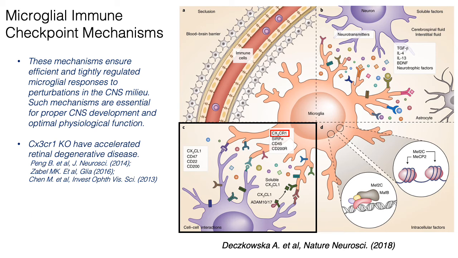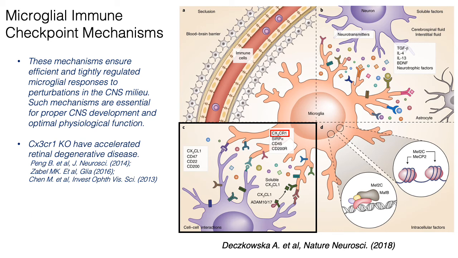Now, one such mechanism that we highlight here is CX3CR1 again. This is the fractalkine receptor. And the reason why this is highlighted here is because several studies in the retinal degeneration context with CX3CR1 knockouts have shown accelerated retinal degenerative disease progression in the absence of CX3CR1.